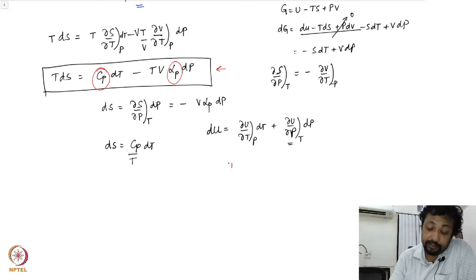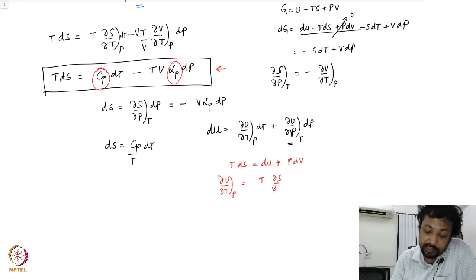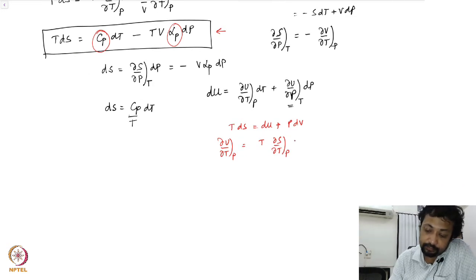I have TdS is equal to dU plus PdV. Correct? So I want to figure out del U del T at constant pressure. Del U del T at constant pressure is T del S del T at constant pressure plus P del V del T at constant pressure.